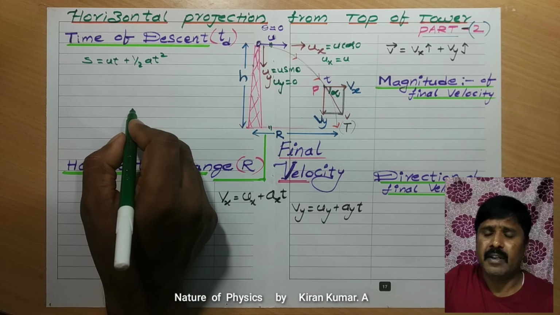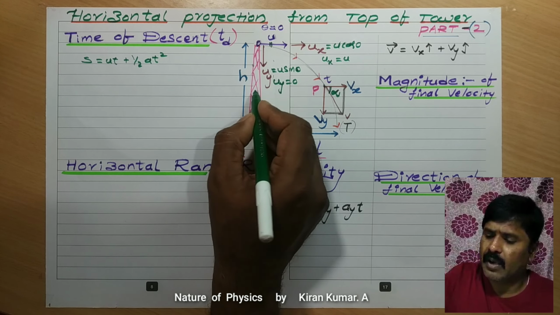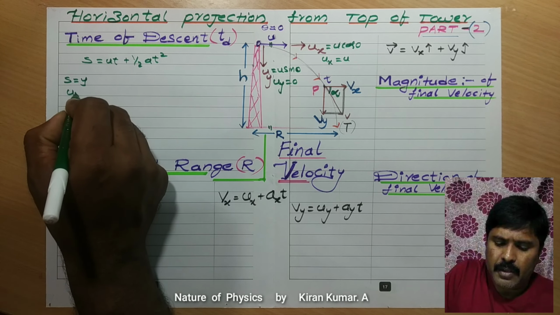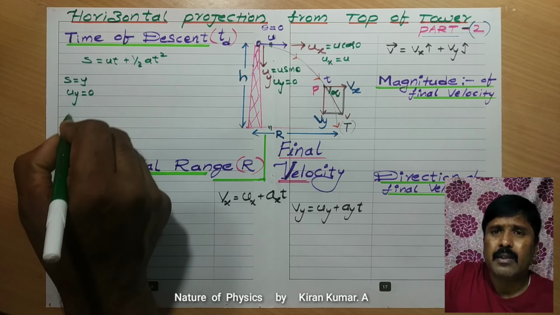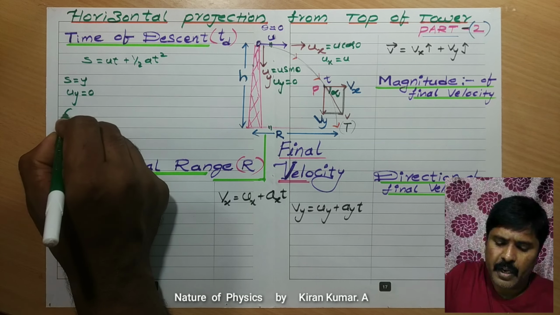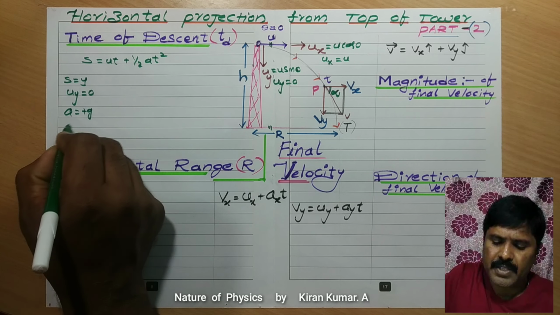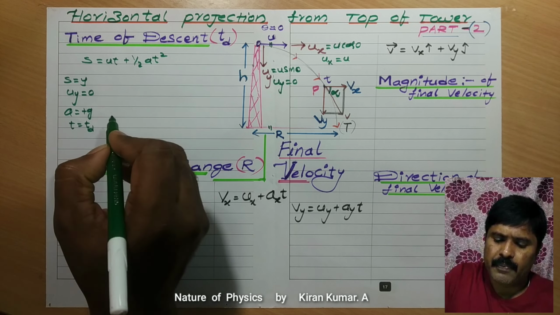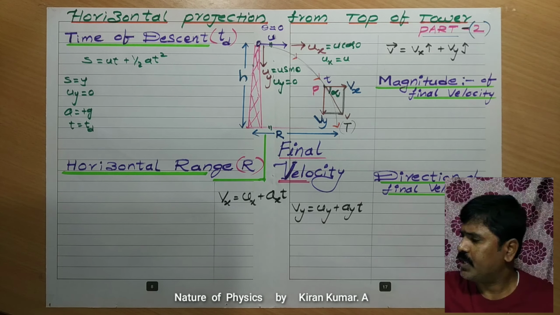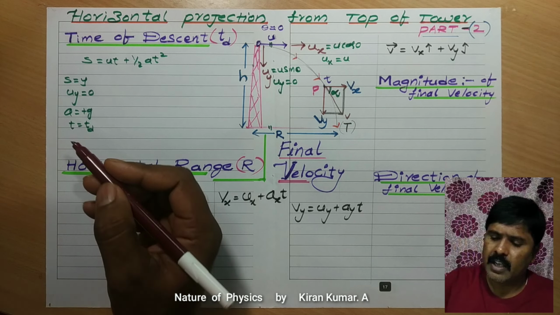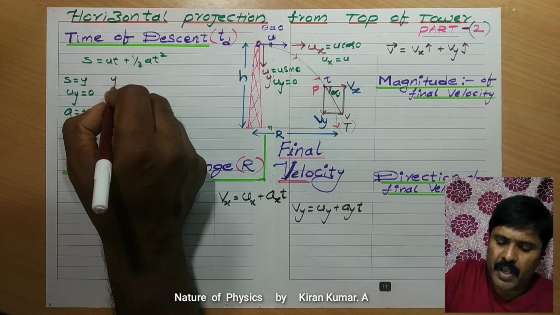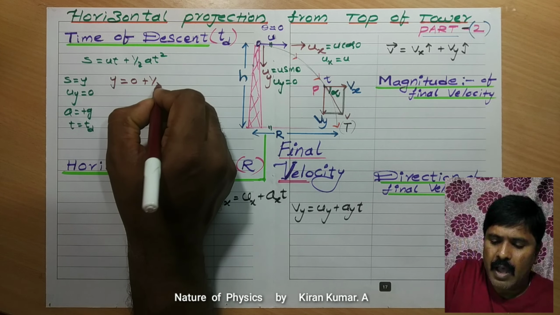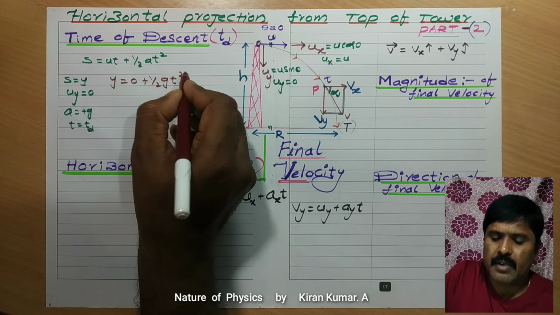In this equation, displacement S is equal to vertical displacement, S is equal to y, and u is equal to uy, that is equal to 0, student, and in the downward direction a is equal to plus g, and t we are writing as td, student. Okay, and continuing, replacing the values in the above equation, y is equal to 0 into anything 0, plus half into g t square, student.